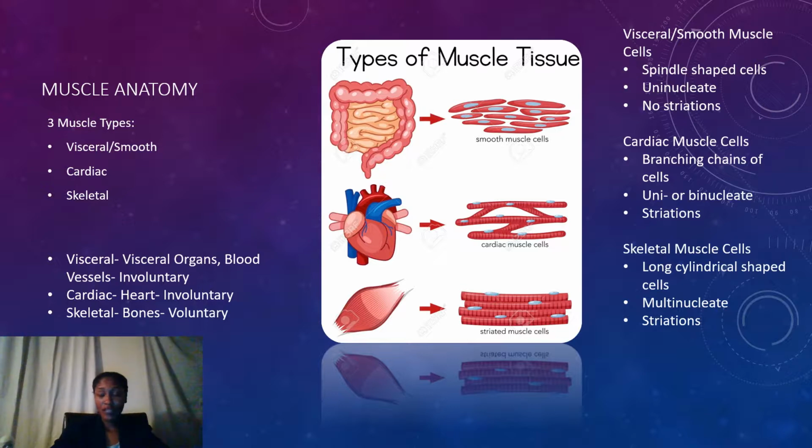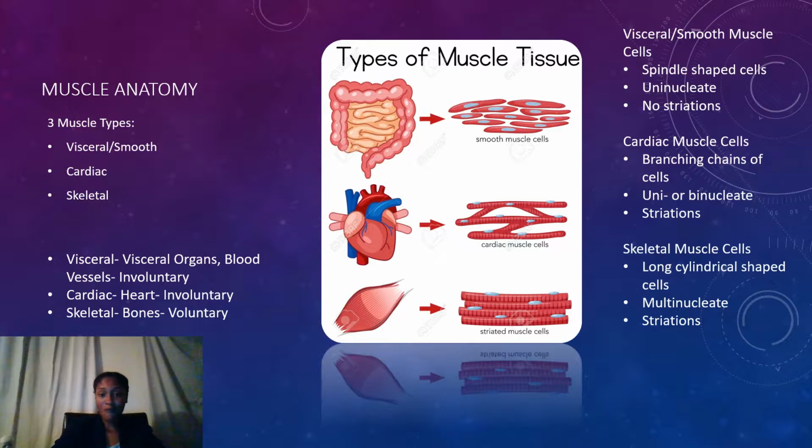The uni or binucleate meaning that they have more than one nucleus per cardiac muscle cell. The skeletal muscle cells are long cylindrical shaped cells, and they're multinucleate. They also contain striations.